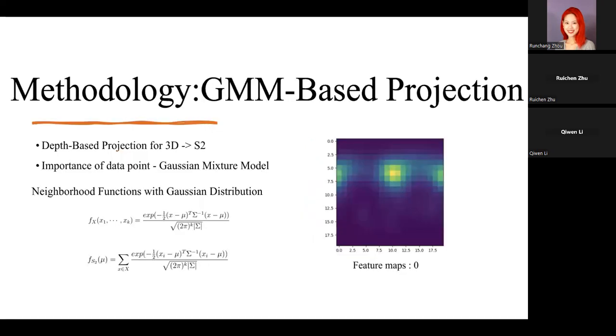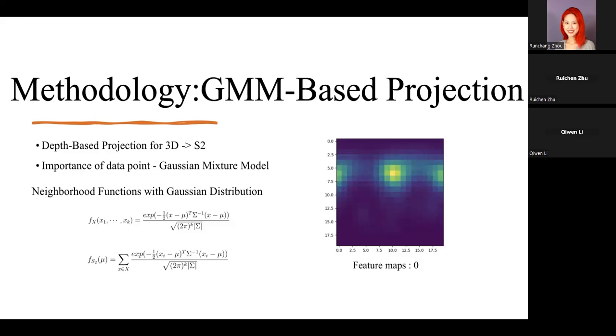For our approach, we would like to use GMM-based projection. This one actually includes two parts. The first one is the one we just introduced, the depth-based projection, which maps the 3D object to S2, meaning the sphere surface, to reduce the dimension.